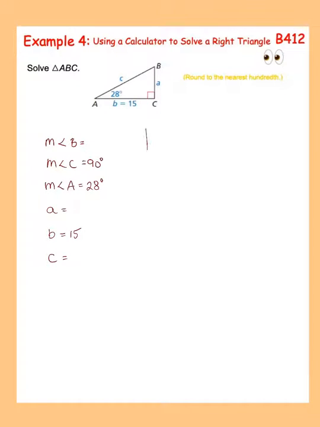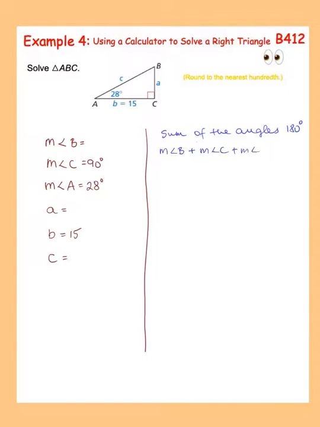So I will create myself some workspace on the right hand side, and I will use a different color to do my work, so that way I can then go back and fill in my answers on the left hand side. I know that the sum of the angles of a triangle is going to have to be 180 degrees. So the measure of angle B plus the measure of angle C plus the measure of angle A is going to have to be 180.